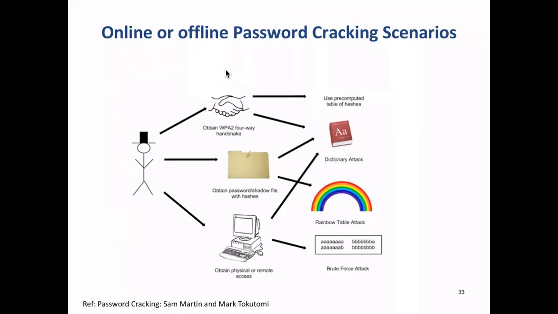Then hacking becomes extremely simple. So we use the WPA2 four-way handshake protocol when we use Wi-Fi, and we can look at the top one. That's one way.